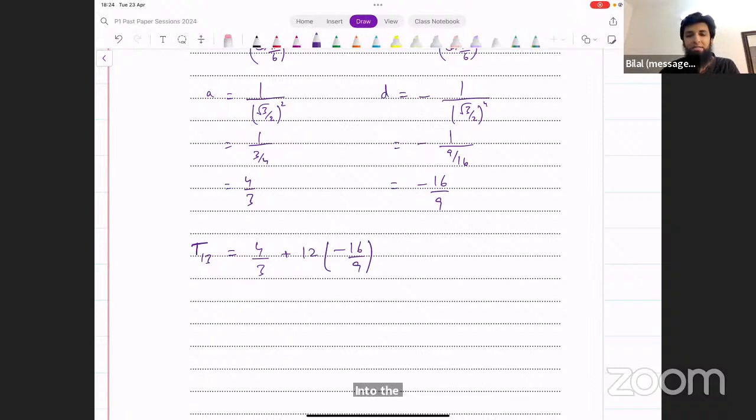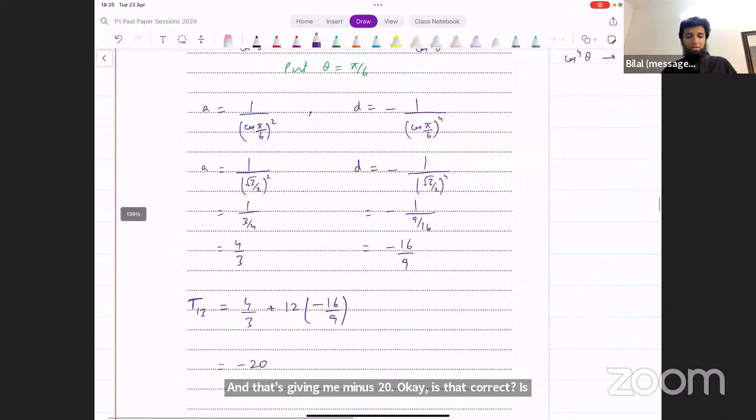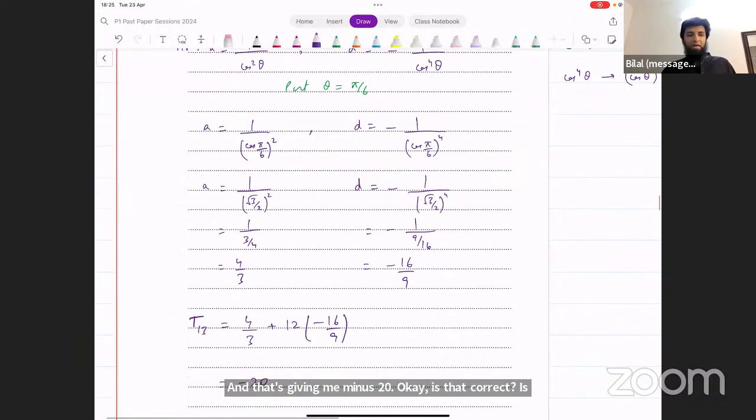You can evaluate this and see what that turns out to be. 4 divided by 3 plus 12 into minus 16 divided by 9. And that's giving me minus 20. Okay, is that correct? Is that what we get? Okay, good. So that's the 13th term. All right, minus 20.